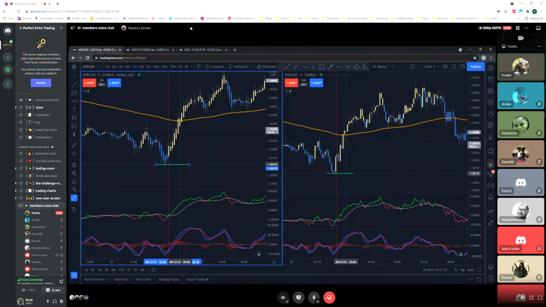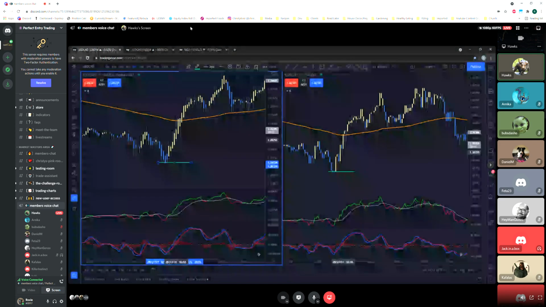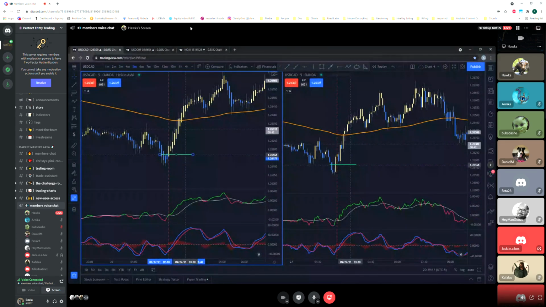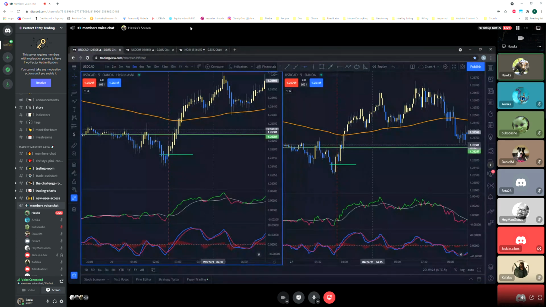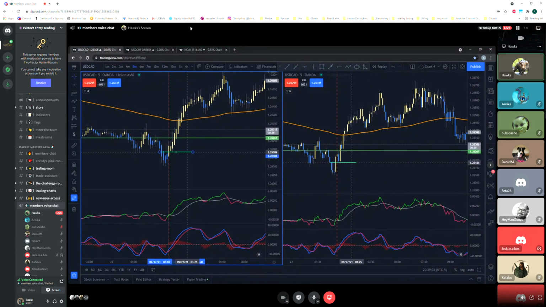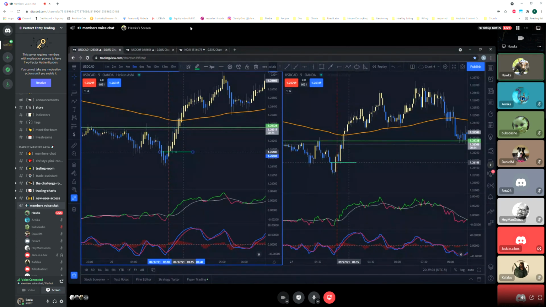So as price is moving up, I'm following with it. I give a good distance. If this here represents price, and price is right there, I'm going to be right there. If price continues to move up, then I'm going to move my stop up with it.